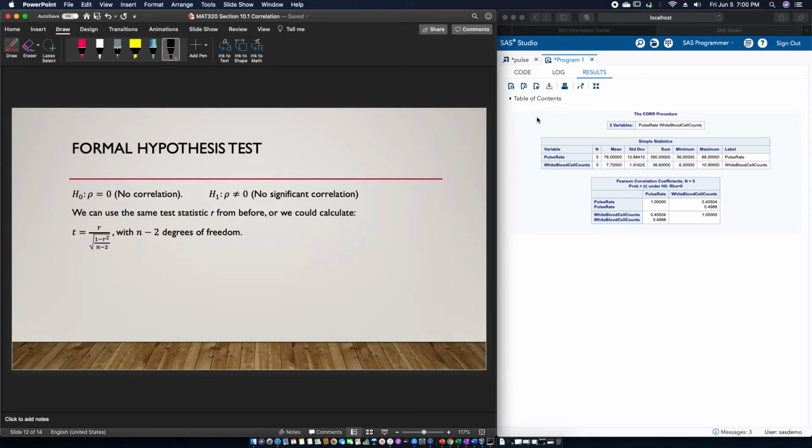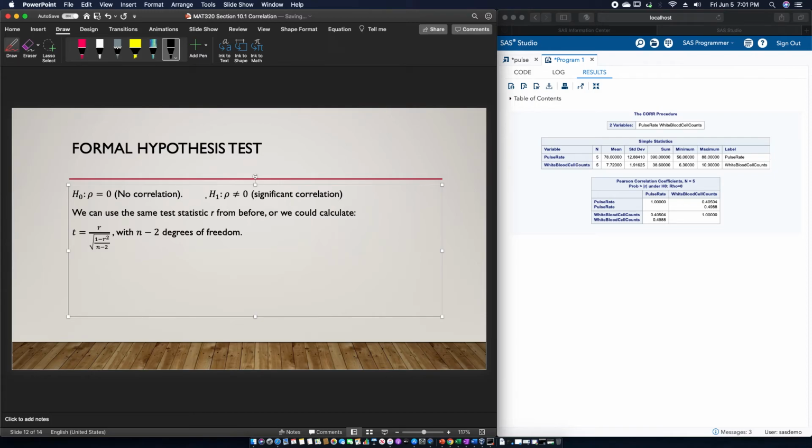The formal hypothesis test, which we talked about before briefly: the null hypothesis is that there's no correlation, or that the population correlation coefficient is equal to 0. The alternative of this is that there is a significant correlation, meaning that the population correlation coefficient rho is not 0.